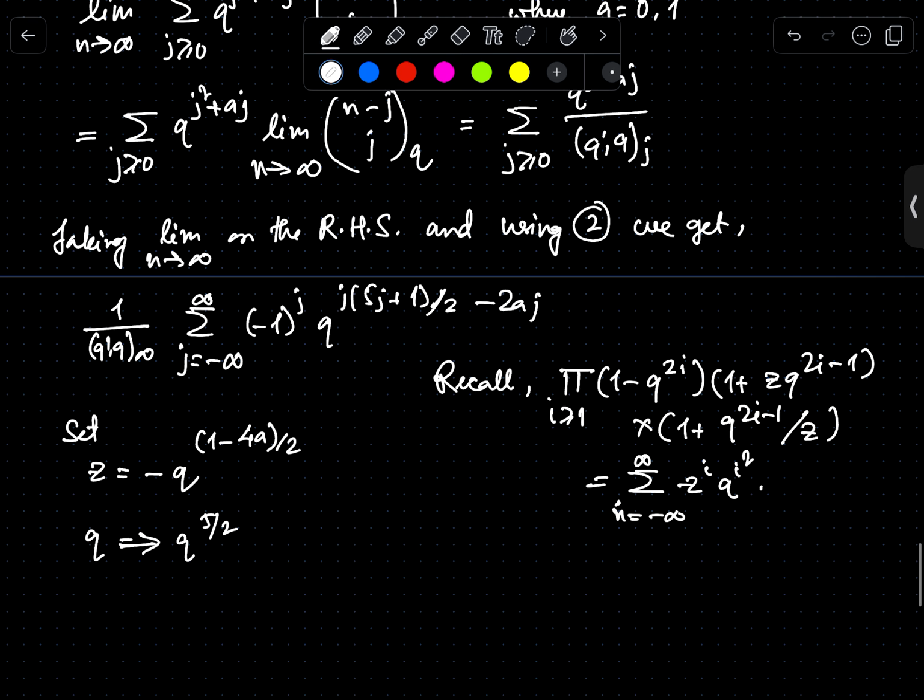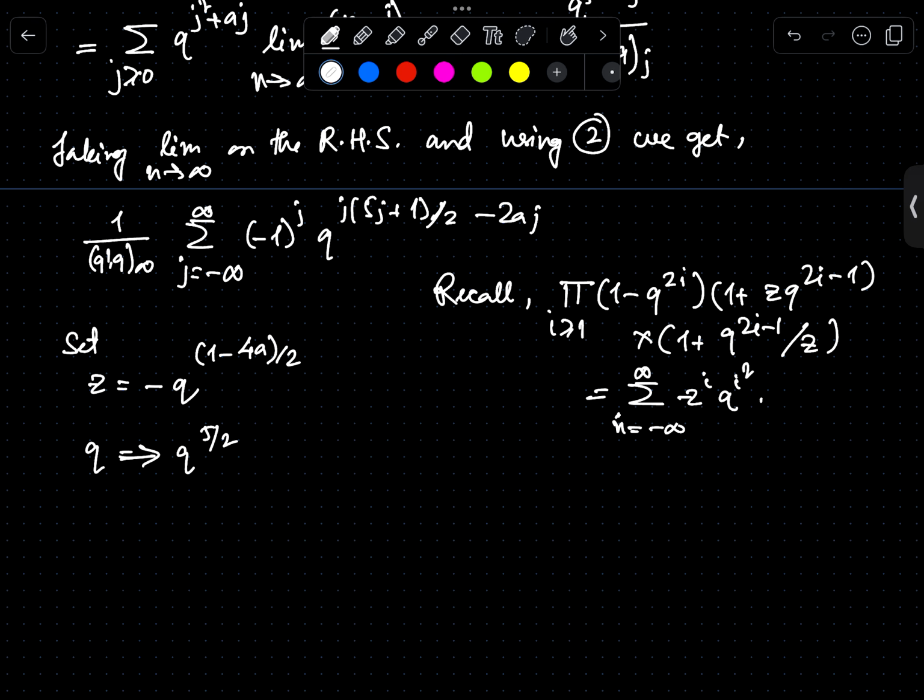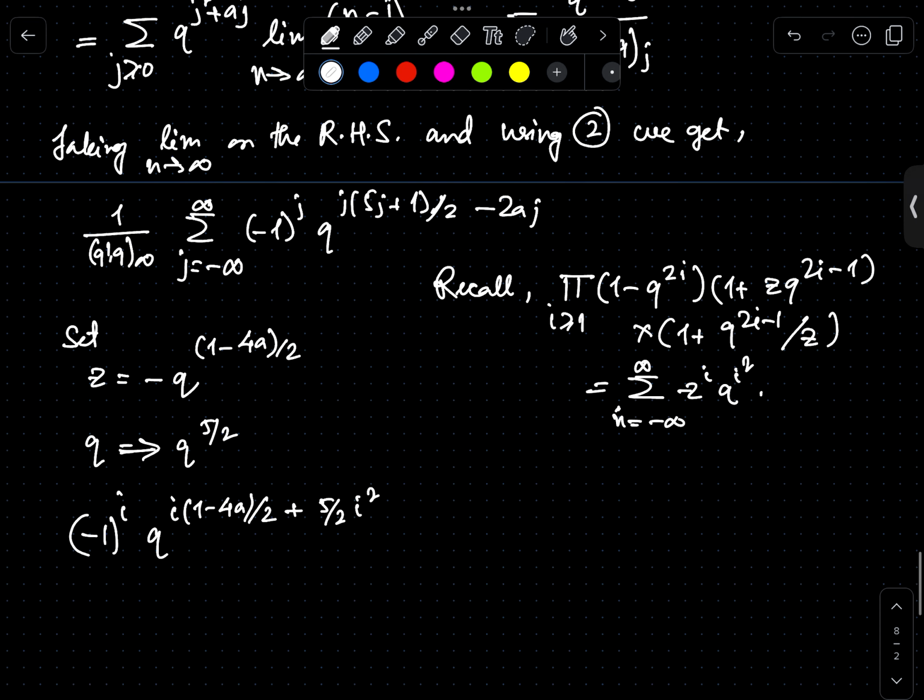Let me show you the calculation quickly. z^i just becomes (-1)^i q^(i(1-4a)/2), and q^(i^2) just becomes q^(5/2 i^2).